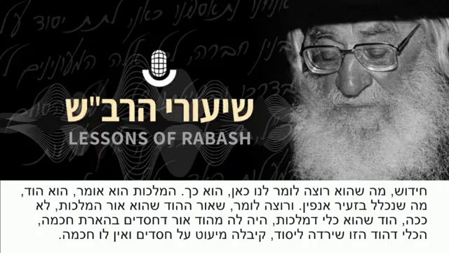Something new. What he wants to tell us here is this. Malchut, he says, is Hod, that which is incorporated in Zeir Anpin. He wants to say that the light of Hod, which is the light of Malchut, is not like that.